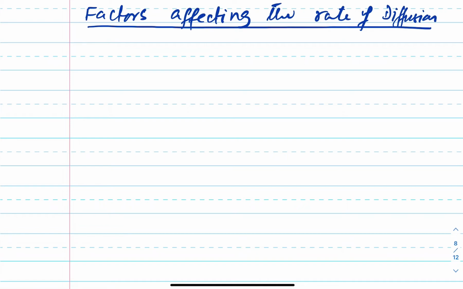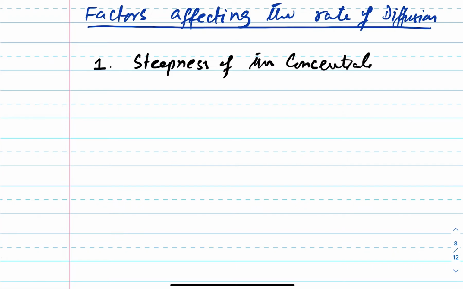They can increase or they can decrease the rate of diffusion. That include number one, steepness of the concentration gradient.